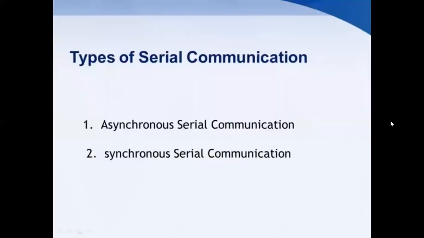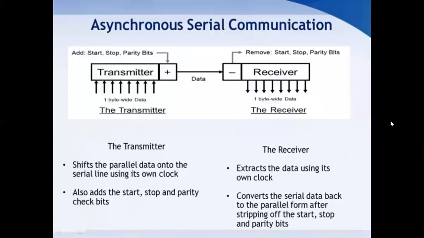So there are two types of serial communication: asynchronous serial communication and synchronous serial communication. Asynchronous means, in the transmitting, you shift the parallel data into a serial line using its own clock. First you convert the parallel data to serial data, and you have to add the 8 bits of data with the start bit, stop bit, and parity bit.